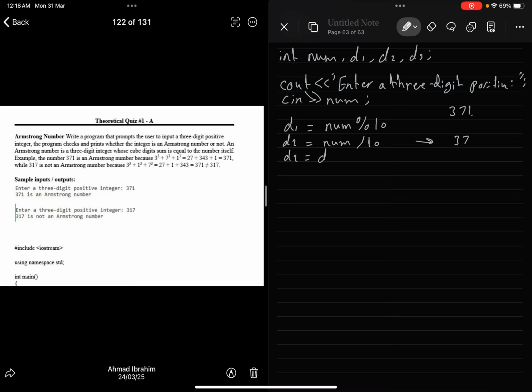After that, we take that 37 and take modulus 10.